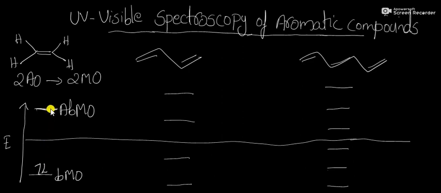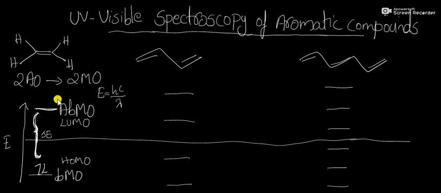We know that the energy difference between the bonding and anti-bonding molecular orbitals, that is HOMO and LUMO, can be designated as delta E, which corresponds to a certain value of wavelength. That is, we know that E is equal to hc by lambda.